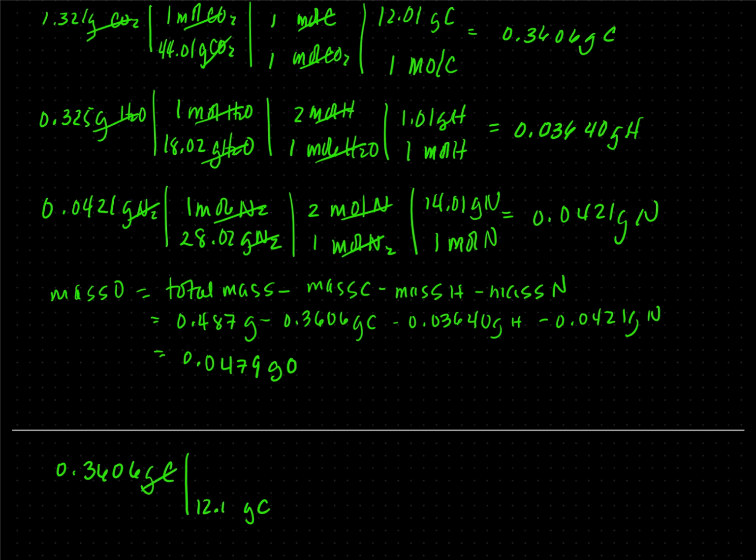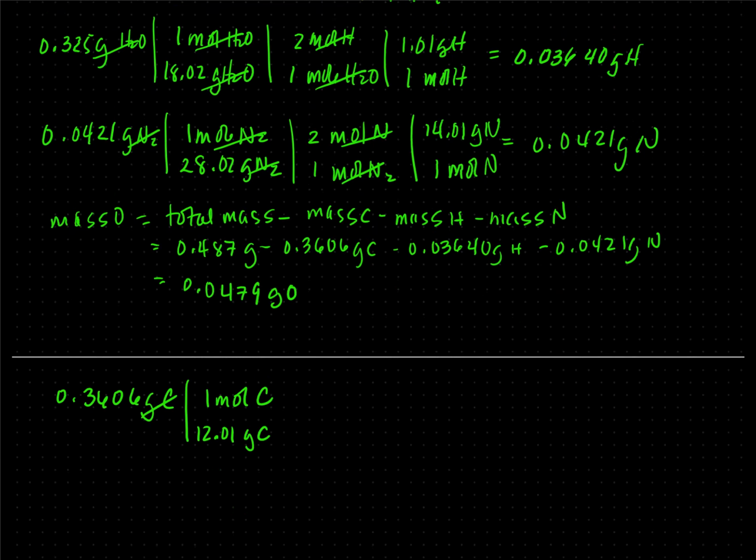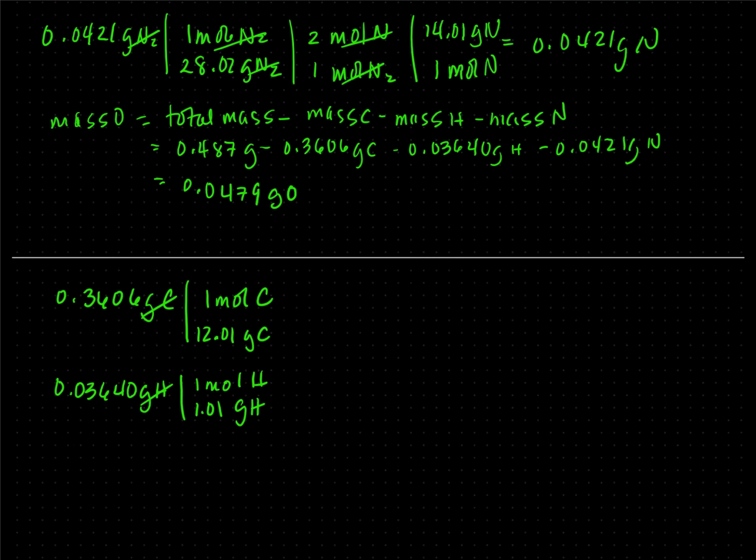Remember, empirical formula is always one element. There is no diatomics. Moles carbon. For our hydrogen, it's going to be 0.03640 grams of hydrogen. Diagonals, grams hydrogen, 1.01 to 1 mole of hydrogen. For nitrogen is 0.0421 grams of nitrogen.